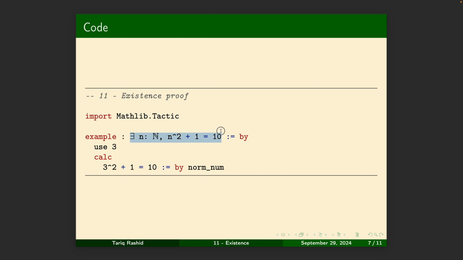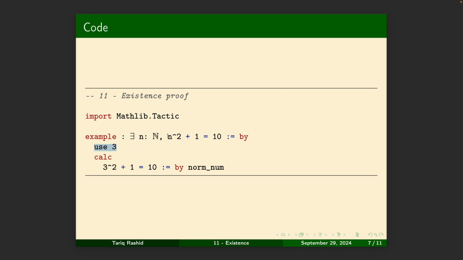So the proof objective says there exists an n, natural number, such that n squared plus 1 is 10. And we need to provide an example, remember, and we're going to use the instruction use. So use 3.